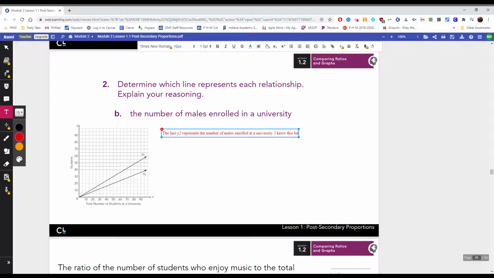I know this because line y sub 2 is less steep than line y sub 1, and the ratio of male students to total number of students is less than the ratio of female students to total number of students.